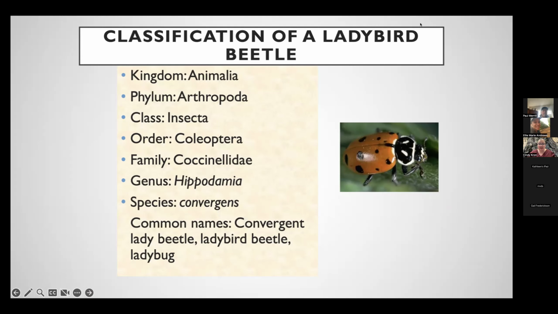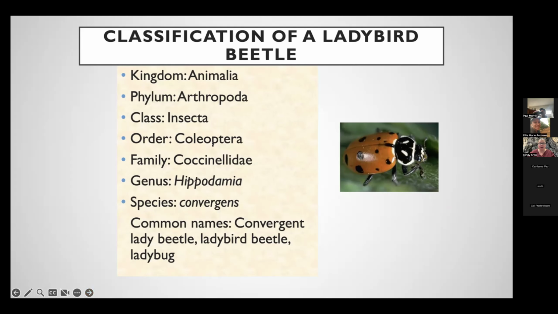Family is Coccinellidae, so these are all the ladybird beetles, which is a wide range of species. The genus is Hippodamia, and the species is convergens. This is how this insect is classified and understood. Some common names are convergent ladybird beetle, ladybird beetle, or ladybug.